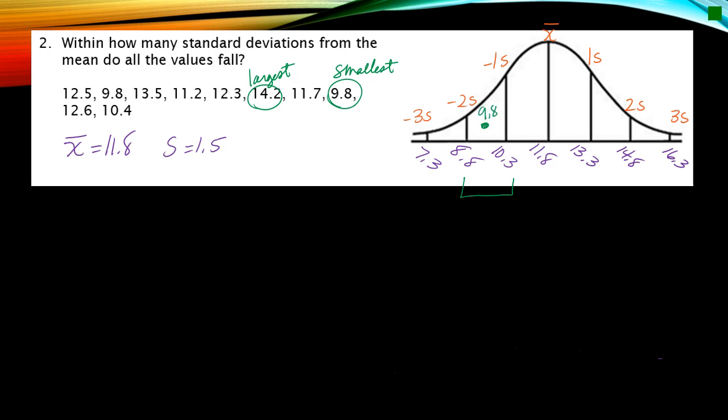So here's 9.8. And 14.2 would fall between 13.3 and 14.8. So this problem is almost identical, other than the numbers being different, because we're within 2 standard deviations. So it's 2 to the right and 2 to the left. So my answer is 2.